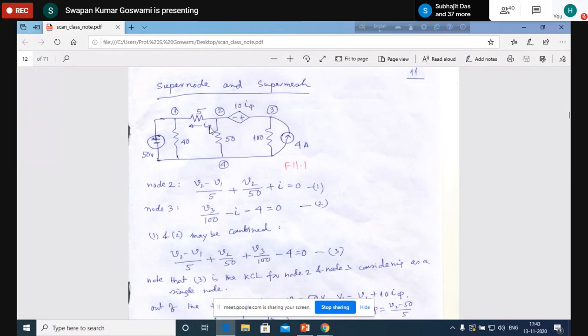That's why it is a dependent source. It is the I5 current controlled voltage source, a voltage source dependent on some branch current. Any other question from anybody else?